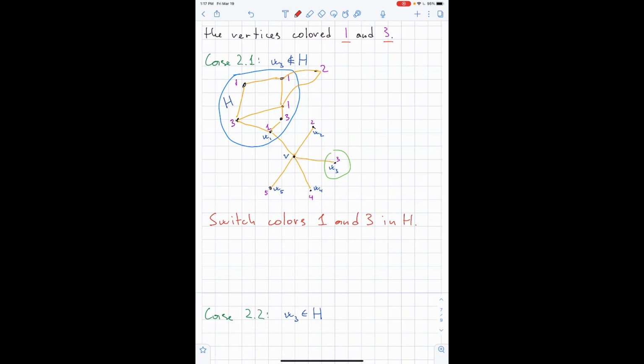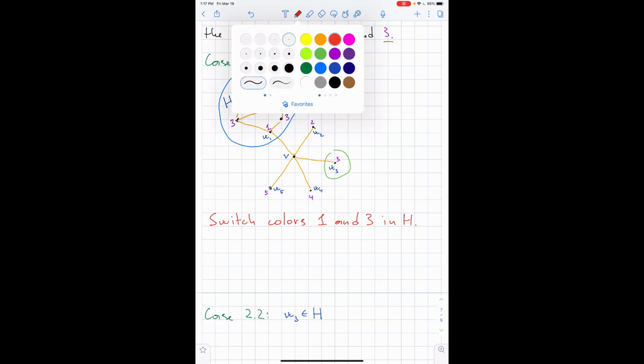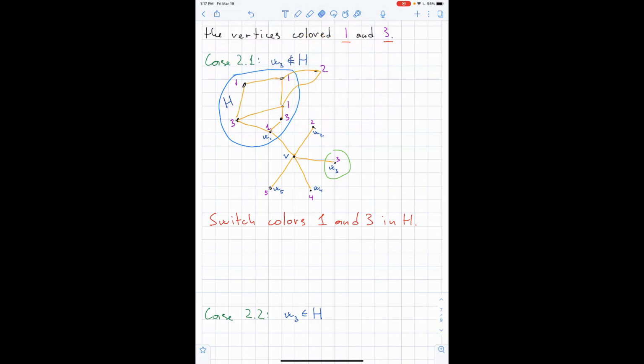They are colored in some other colors. So as we switch the colors in H, we are not breaking anything. The resulting coloring is still going to be a proper coloring. So let's do that. We just replace 1s with 3s and 3s with 1s.